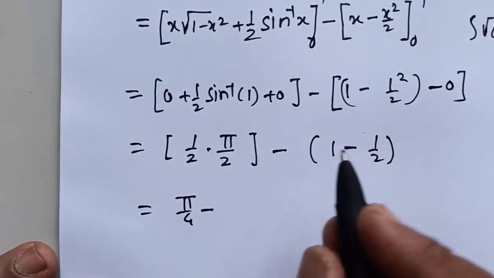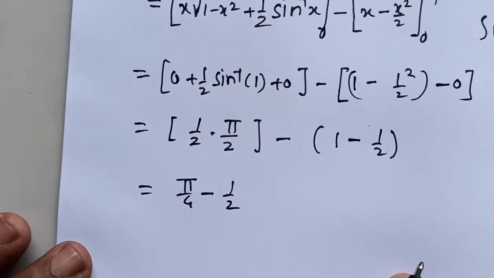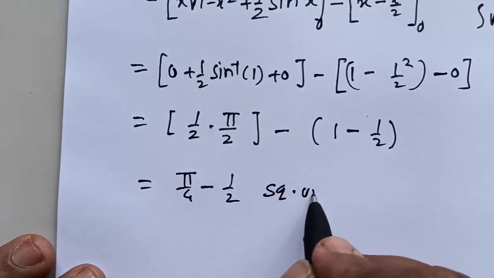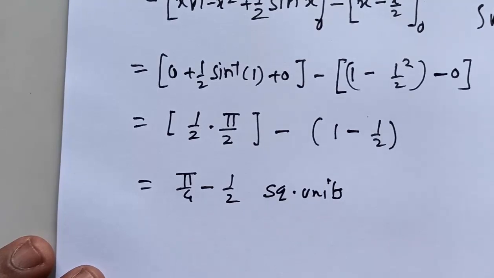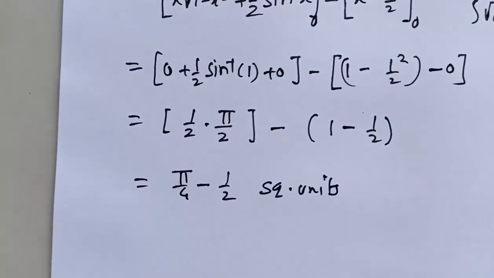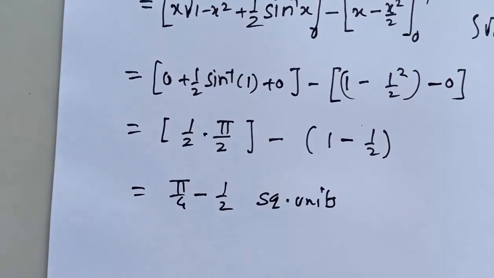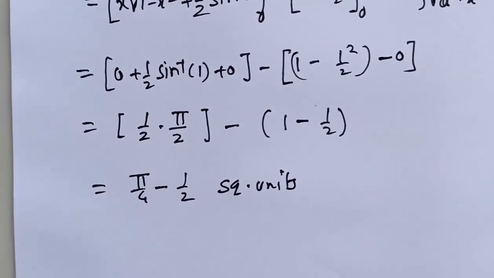So this is the required area in square units enclosed by the circle x square plus y square is equal to 1 and the line x plus y is equal to 1.